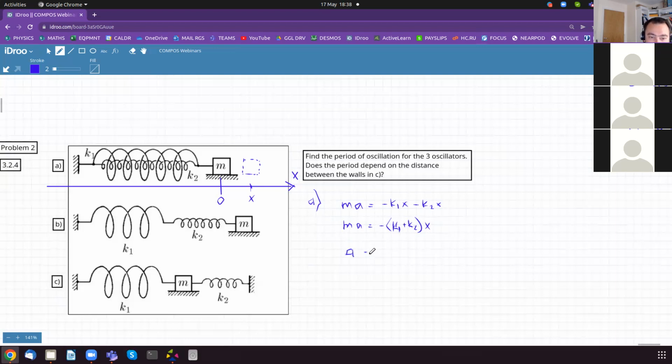And from here, acceleration is minus (k1 plus k2) over m times x.